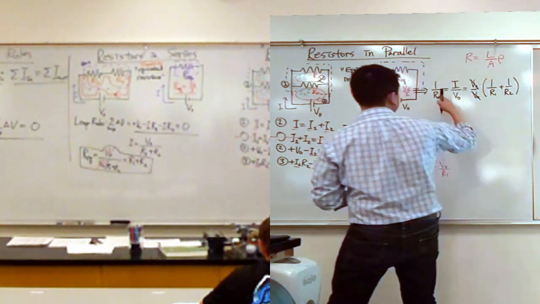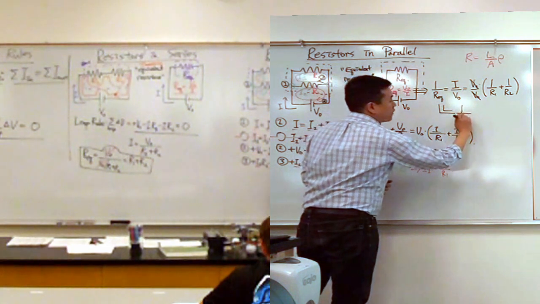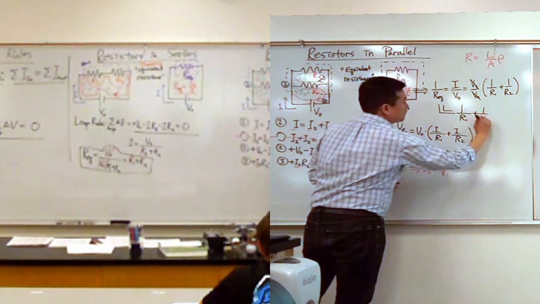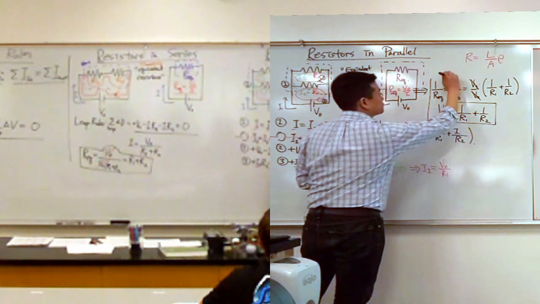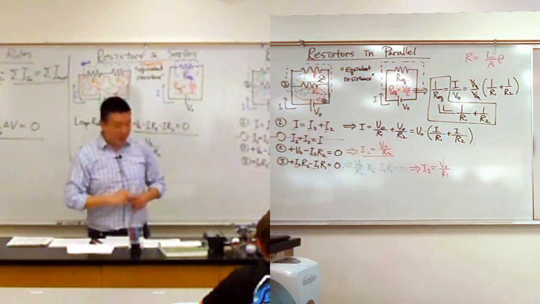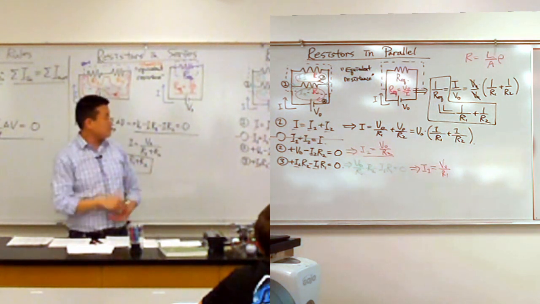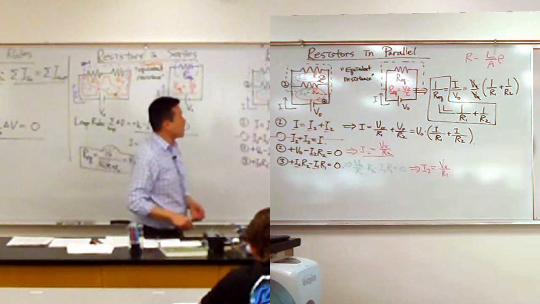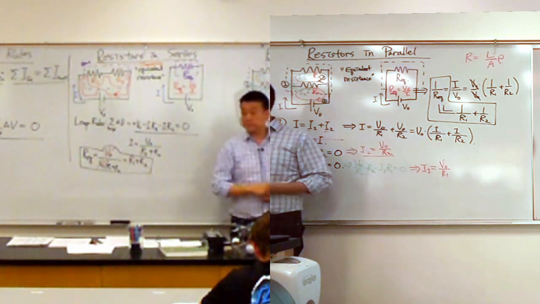And you get this result, that 1 over the equivalent resistance is equal to 1 over R1 plus 1 over R2. So that's the formula for adding resistors in parallel. In shorthand, sometimes we say in parallel, resistors add in reciprocals.